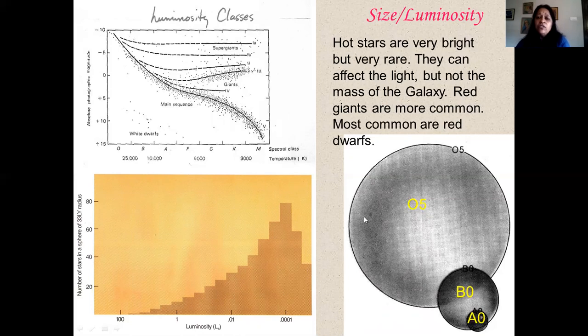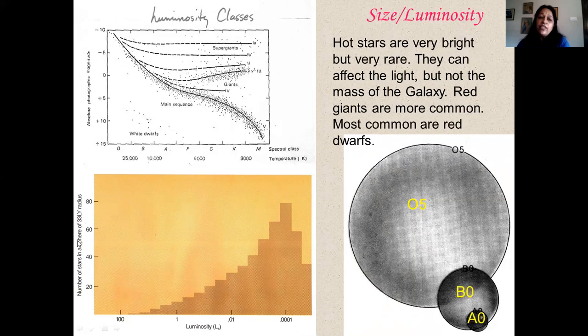Now stars are also divided into what are called spectral classes, depending on their temperature. These spectral classes are defined as O, B, A, F, G, K, M. Typically an O-type star is a very hot star, while an M-type star is a cold star, right?